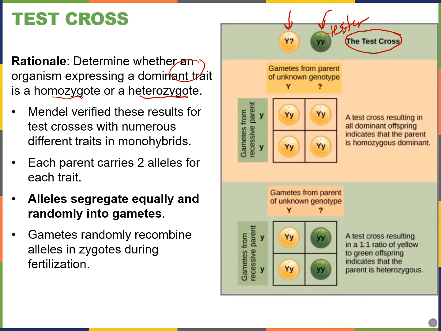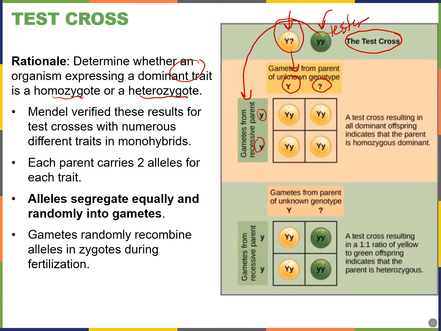Based on the offspring I get, I can predict whether my unknown individual is homozygous or heterozygous. So let's put the gametes for the tester on one side, like they did here, small y, and for the gametes of the unknown parent, I'll put them on the other side, big Y question mark.